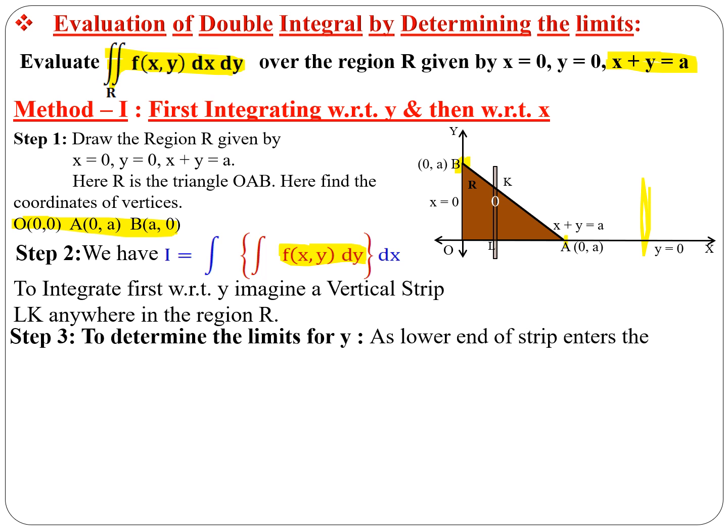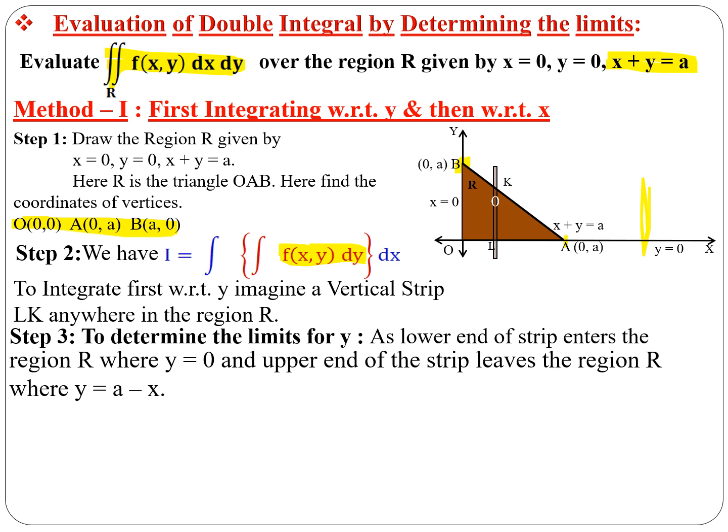To find the limit for y, you have to move your strip vertically. Identify from where it is entering and from where it is leaving. It is entering the region where y equal to 0, and leaving the region where y is equal to a minus x.